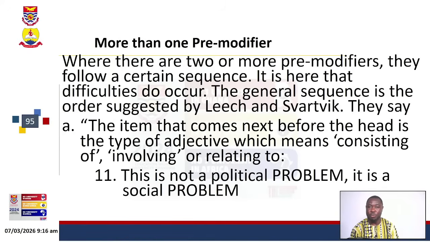Where there are two or more pre-modifiers, they follow a certain sequence. It is here that difficulties sometimes occur, but it's not difficult at all. Once you have quality time to review this ordering, it will not be difficult for you at all. The general sequence is that which is suggested by Leech and Svartvik.